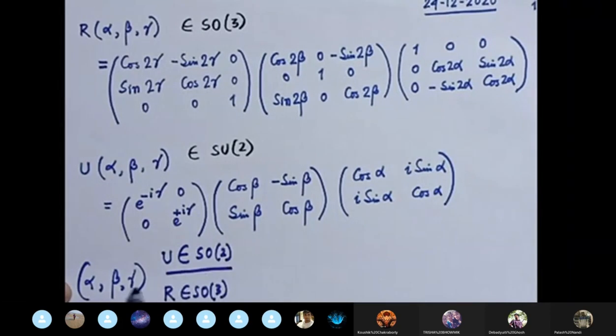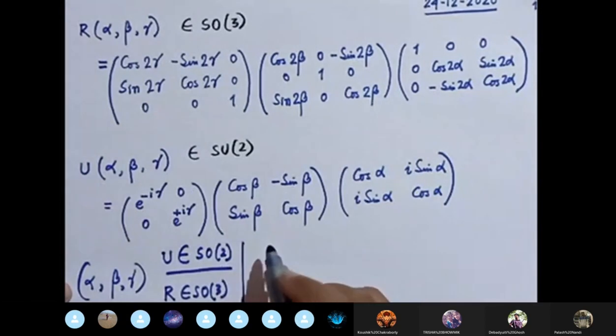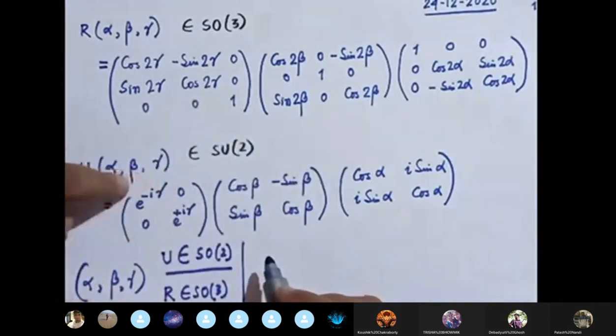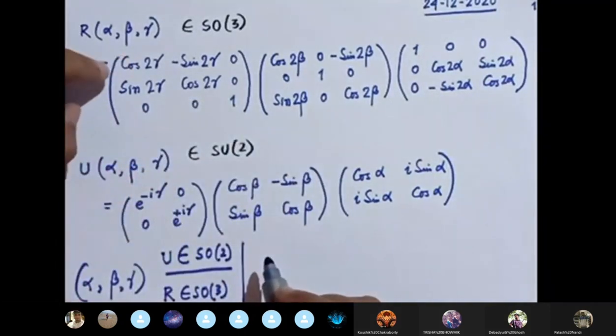So these are the three real parameters. With this, we can write either this or this, and we notice that alpha, beta, gamma here and here appear in the form of 2 alpha, 2 beta, 2 gamma in trigonometric functions.